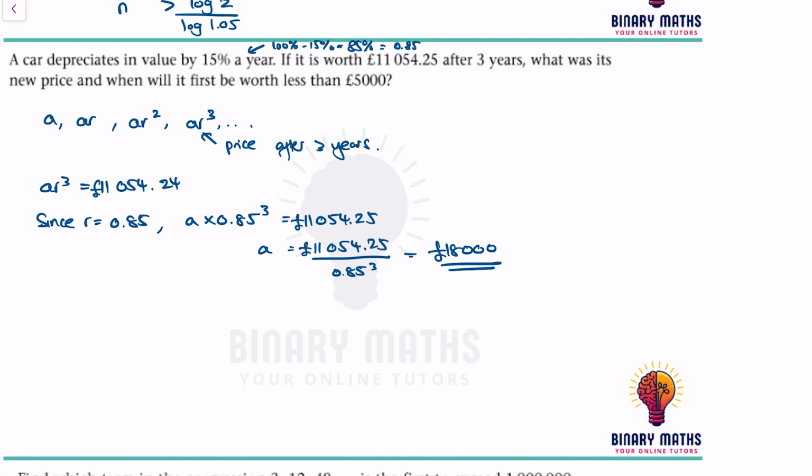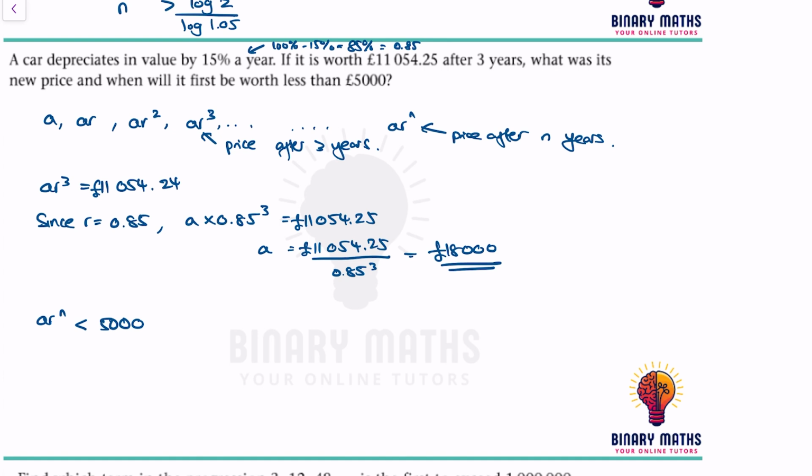When will it first be worth less than 5,000? So if I think about it, A R to the power of n is the price after n years. So when is it less than 5,000?